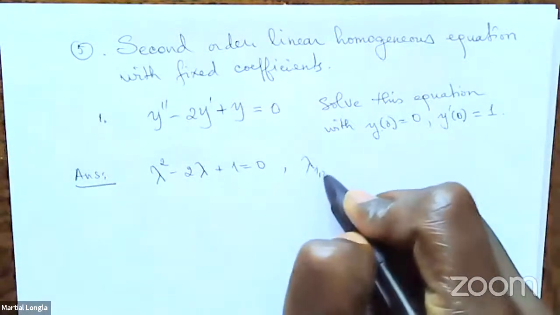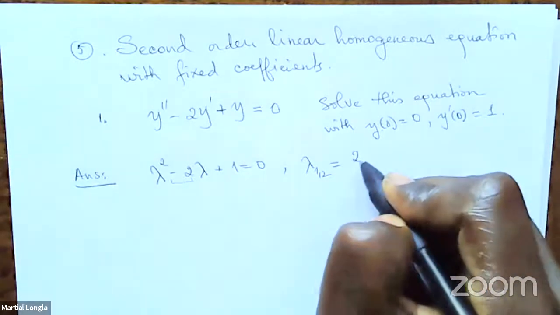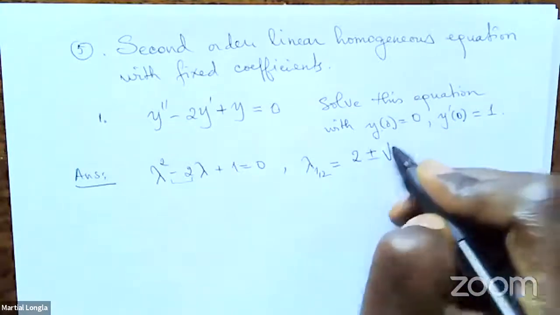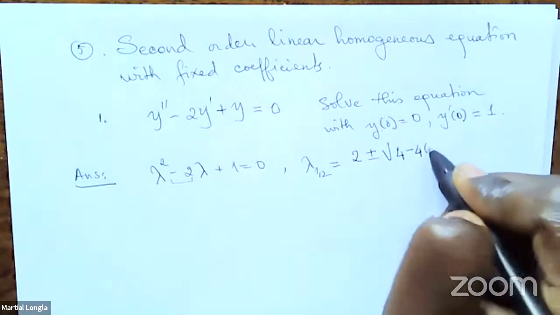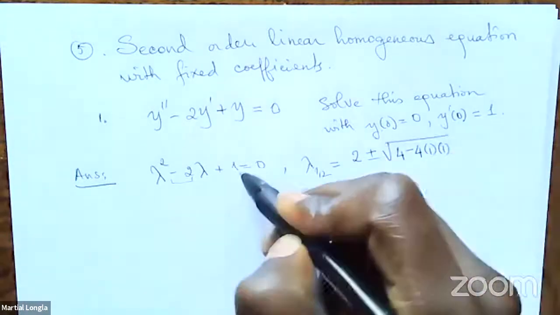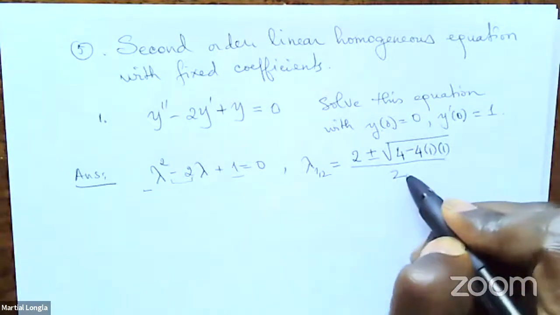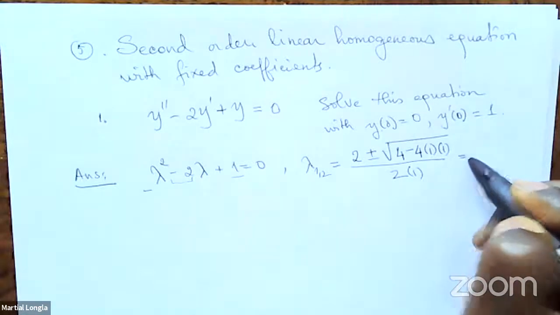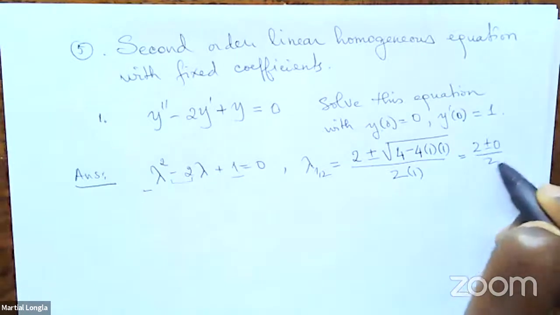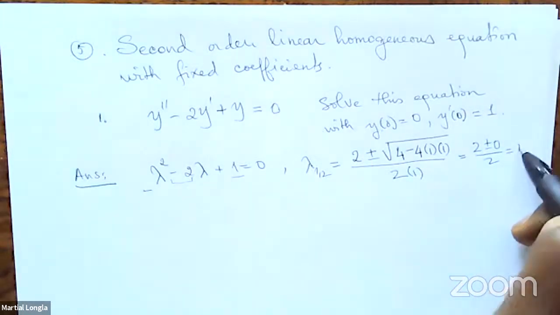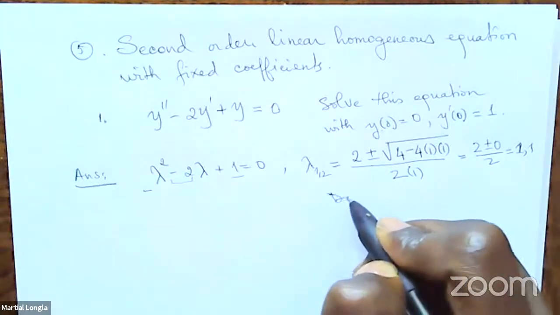You get lambda 1, 2 equals, I use the quadratic formula, so that's minus b plus minus square root of b squared, 2 squared, it's 4 minus 4 times 1 times 1, 1 here and 1 there, divided by 2a, and that is equal to 2 plus minus 0 over 2. So that's 1 and 1. So we have a double root.